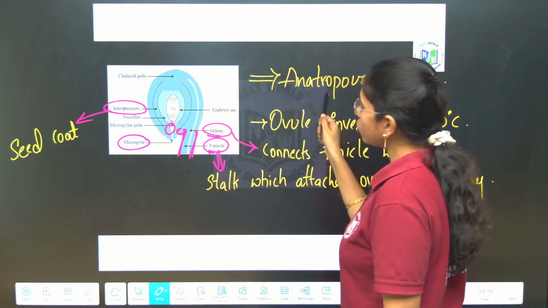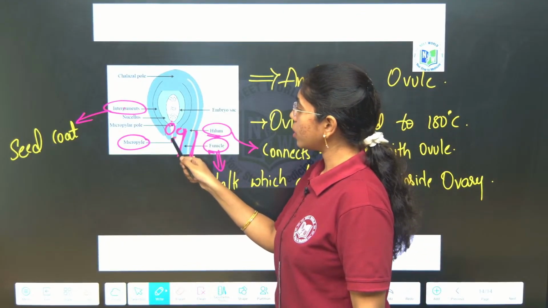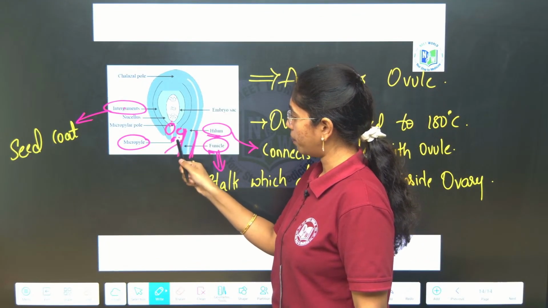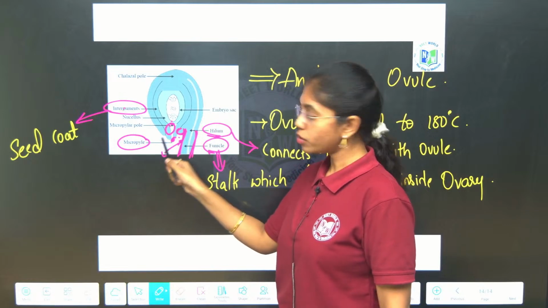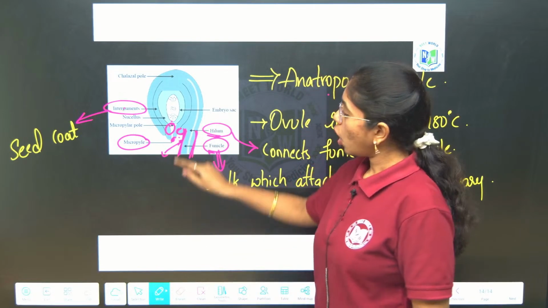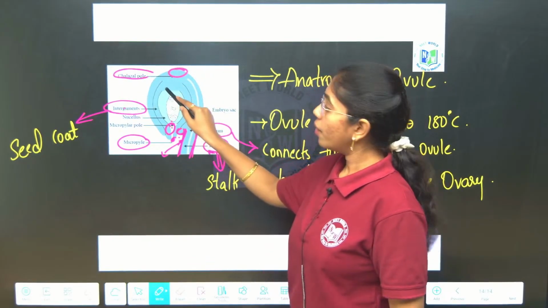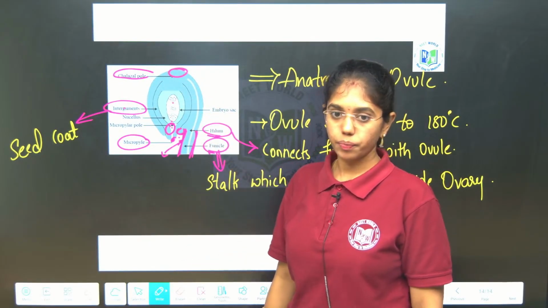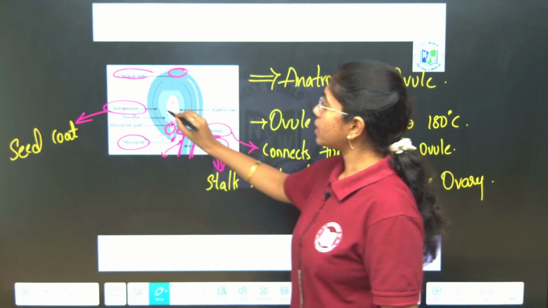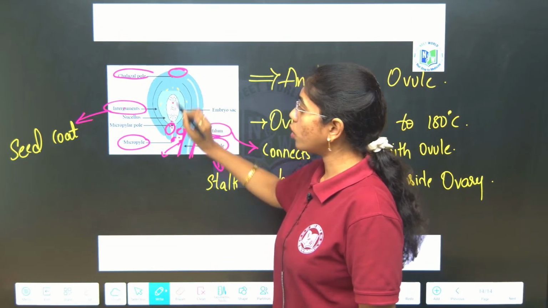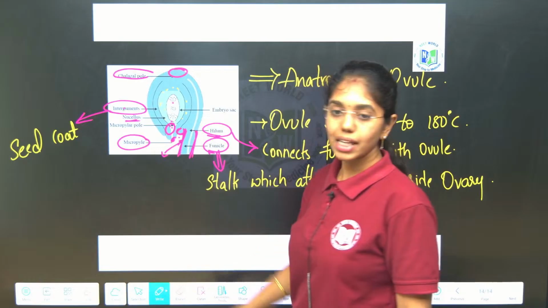In anatropous ovule, the micropylar region is in close association with hilum. Opposite to the micropyle, the basal portion is called chalaza, where antipodals are present. And the cells present inside the ovule are called nucellus cells.